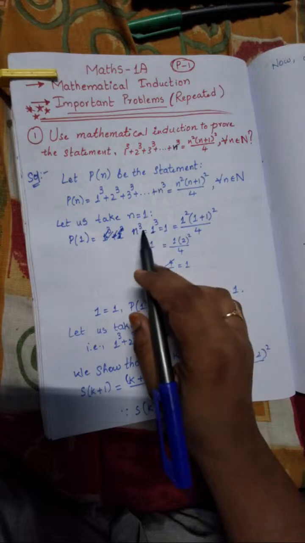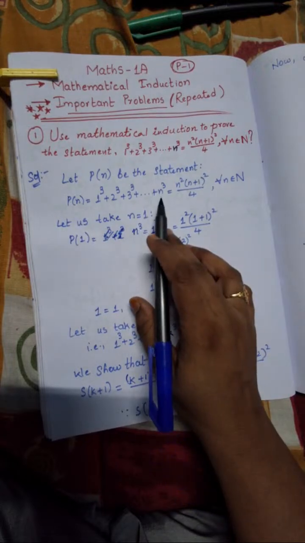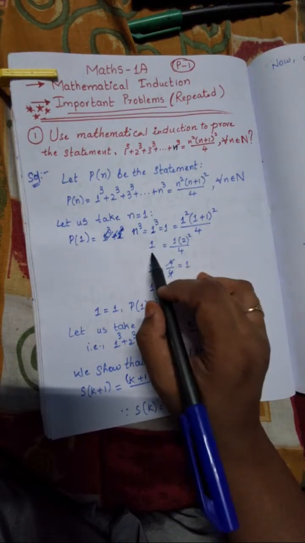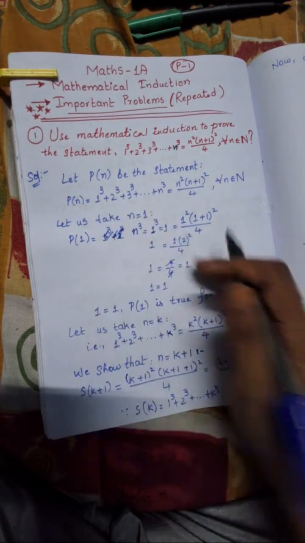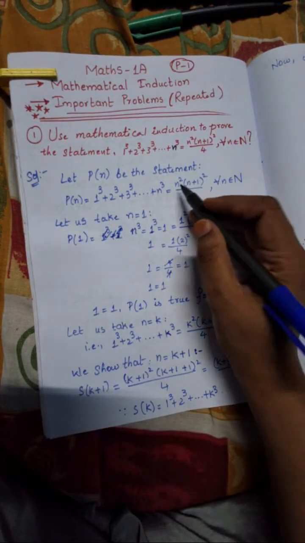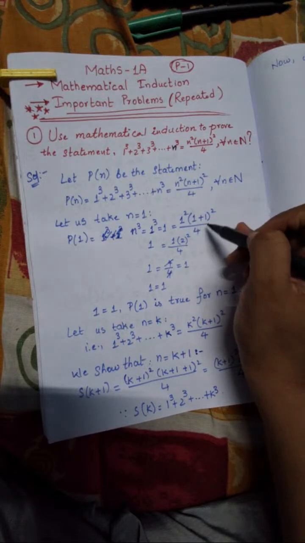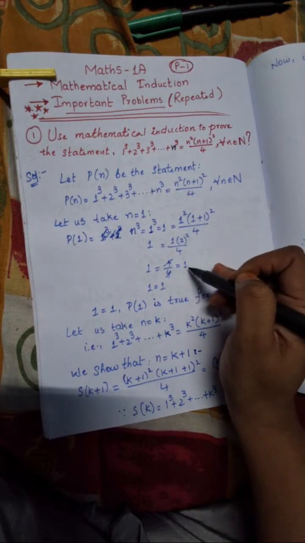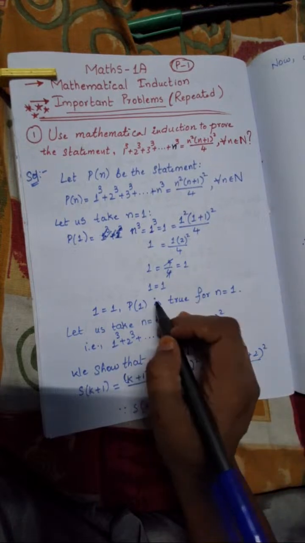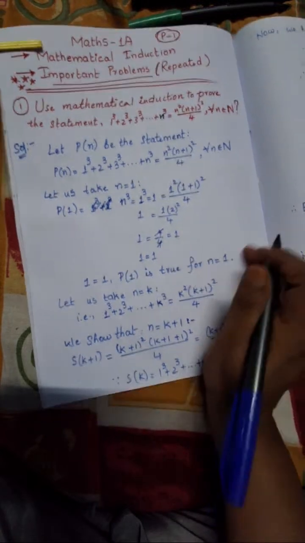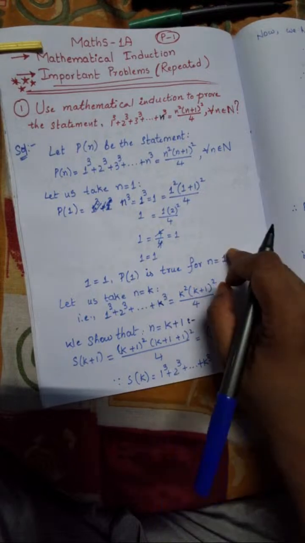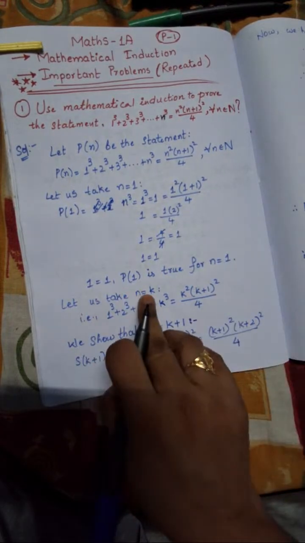Now n³ means 1³, 1³ means 1, so in left side 1, right side 1²(1+1)² by 4. By simplifying also we get 1 here. So P(1) is true for n equal to 1. Now let us take n equal to k.